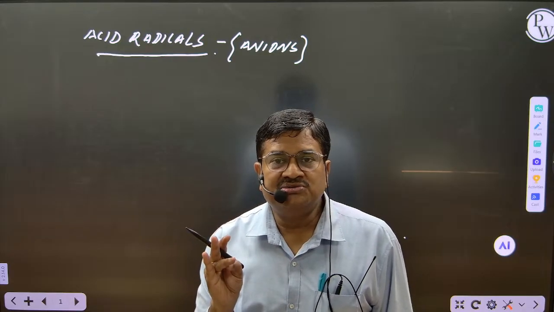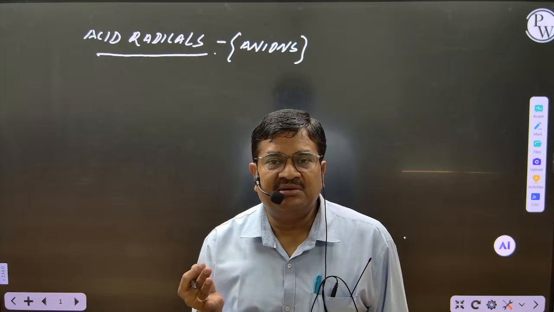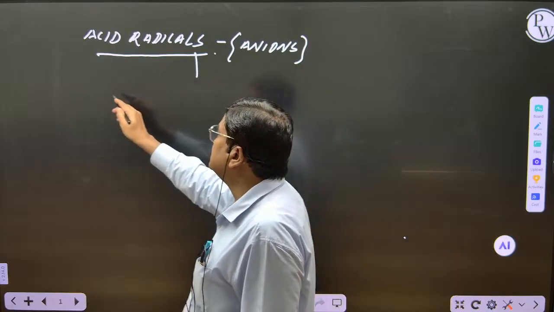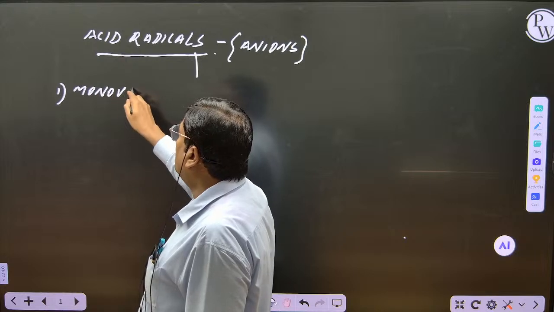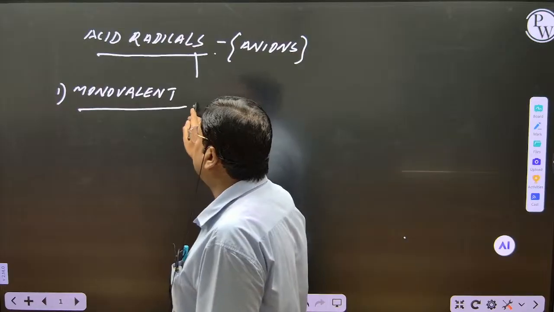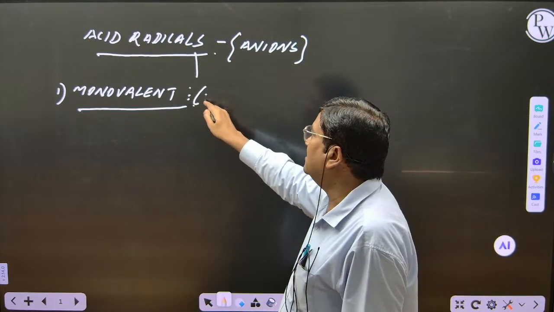Bivalent means whose valence is 2. Trivalent means whose valence is 3. Tetravalent means 4. So we divide these acid radicals into 4 categories. One, monovalent. Monovalent means valence is 1.